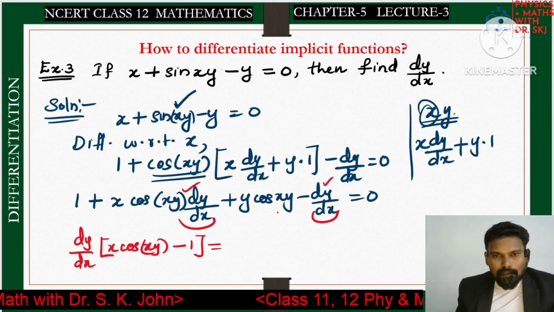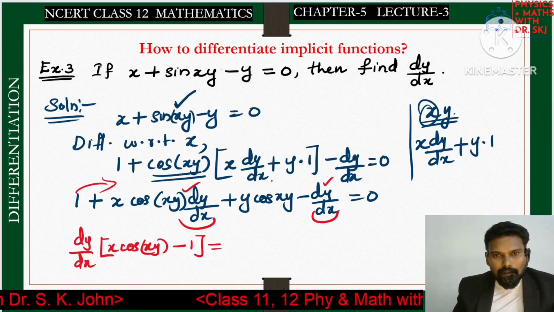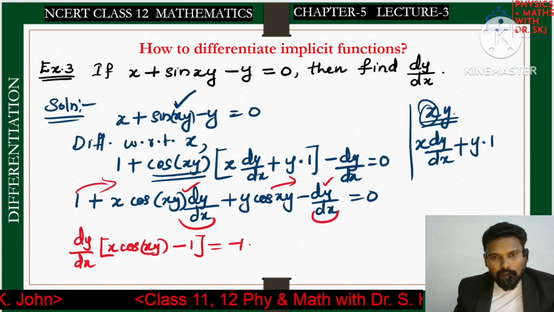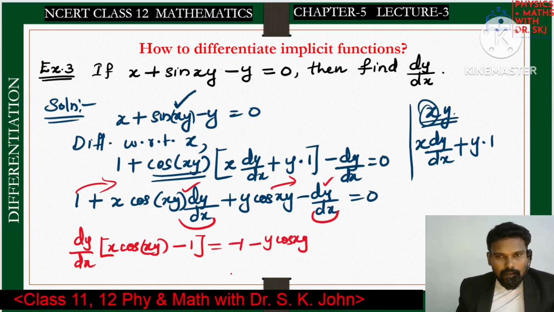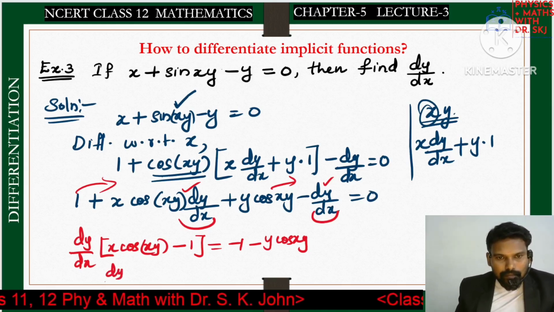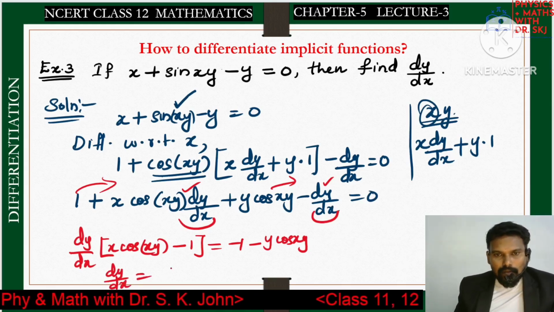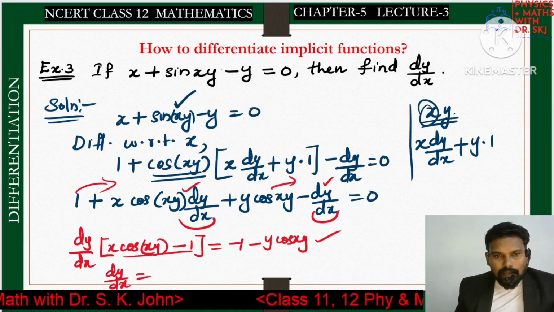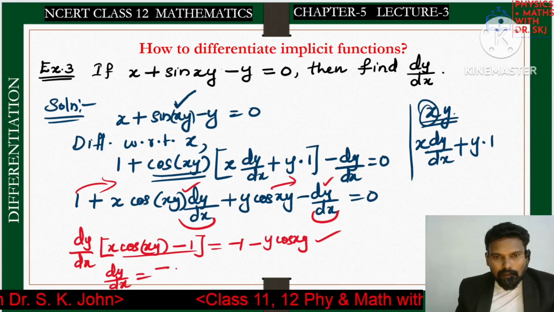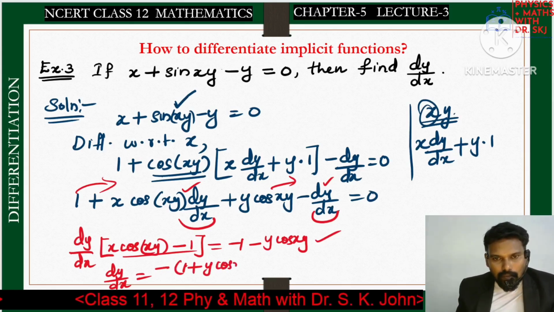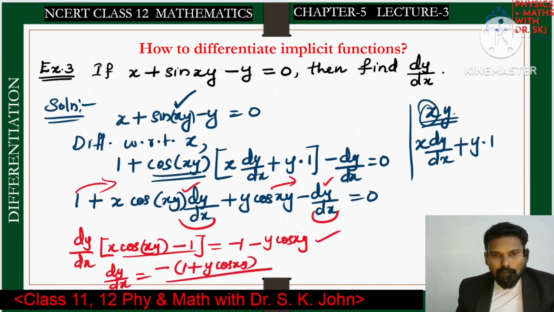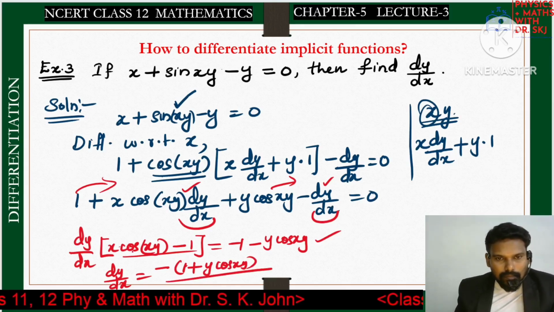That is equal to, I will take the other two terms to the right hand side. So it is minus 1 and minus y cos xy. So what is dy by dx? This term divided by this term. I will take the minus outside: 1 plus y cos xy divided by this term.